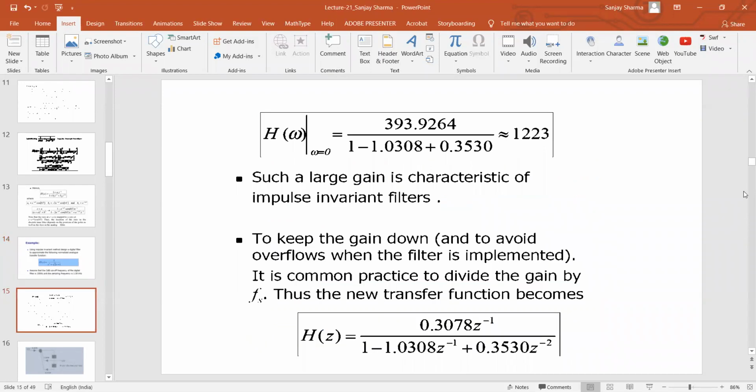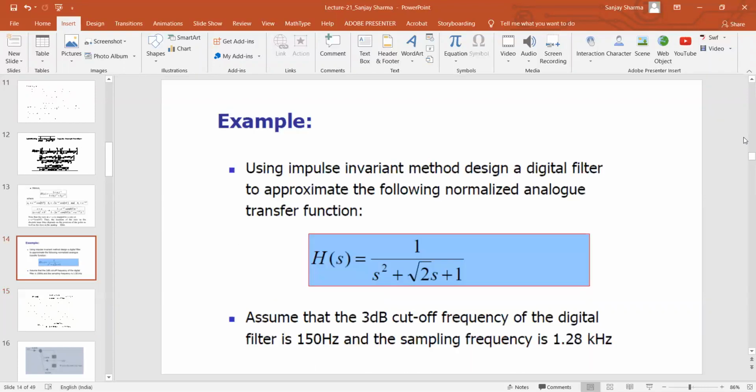Okay. Now, what is H of omega? If you take the H(z) from here, you will be able to get H(z) from here.